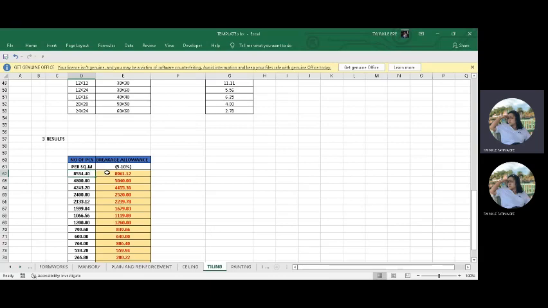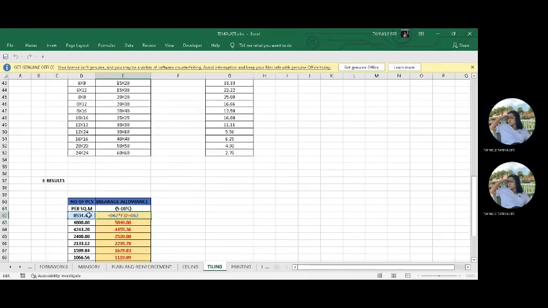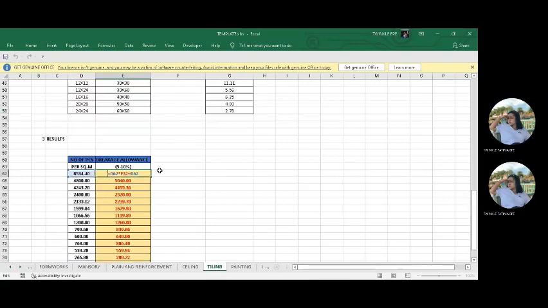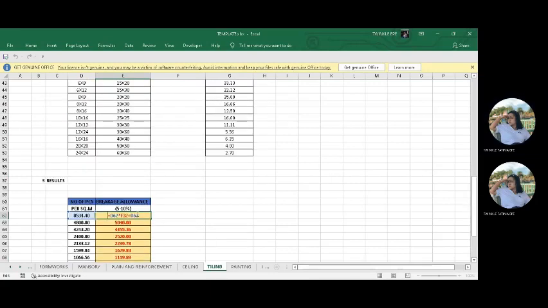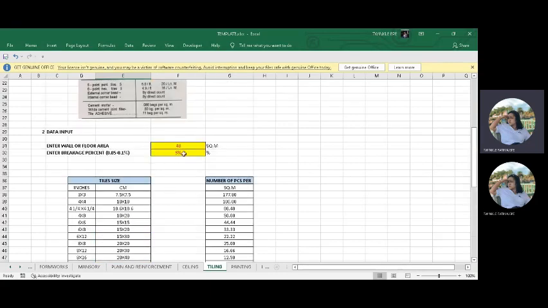And to get the breakage allowance we can multiply by the 0.5, 5.3440 times, yeah, to get the breakage allowance by 5%. So in order to change the percent, it's up to you guys.